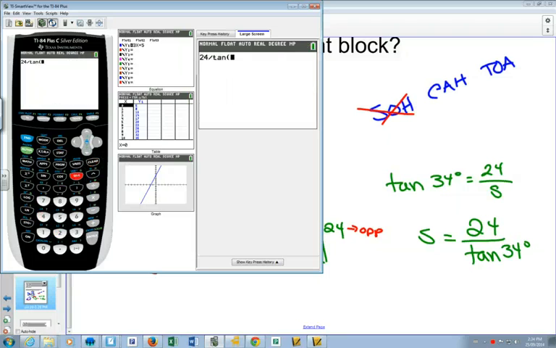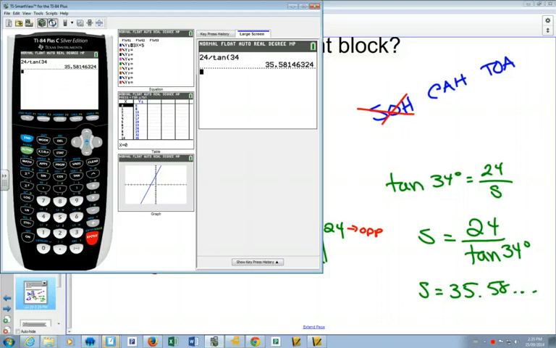Divided by tan 34. And we get s is 35.6. Dot, dot, dot. It's 35.58 actually.